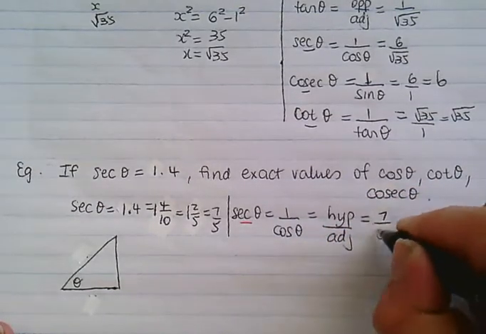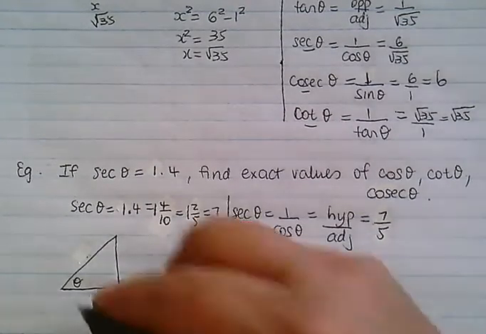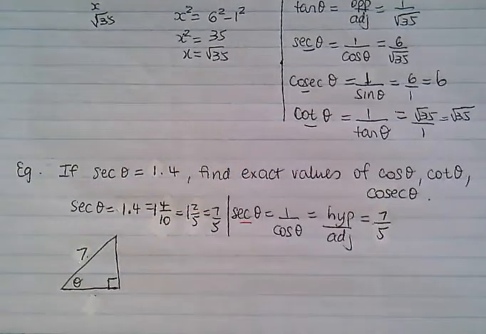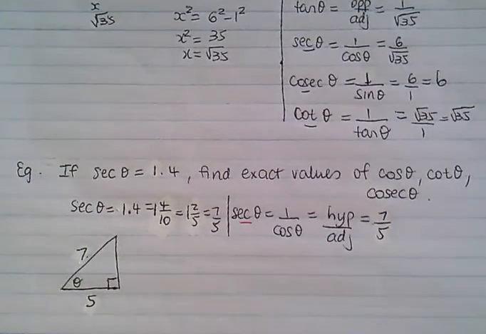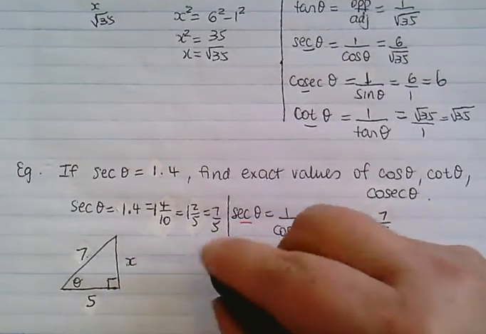So the 7 over 5 is not adjacent over hypotenuse, but it's hypotenuse over adjacent. So in this triangle, I draw a right angle triangle. Remember, you always draw right angle triangles for sine, cos, tan, cosec, sec, or cot. So hypotenuse is 7, adjacent is 5. So we can work out the missing side.